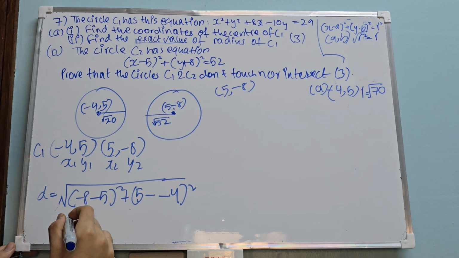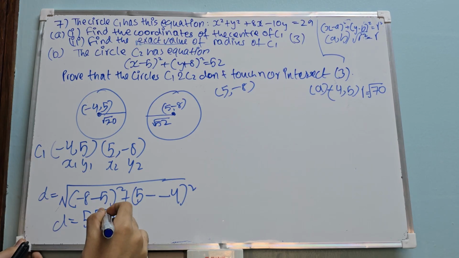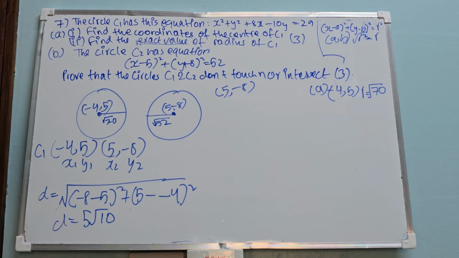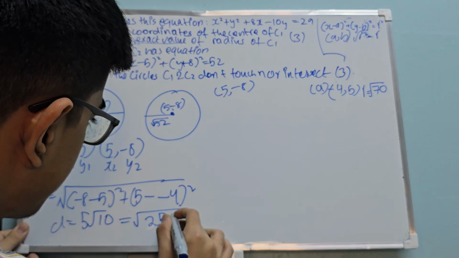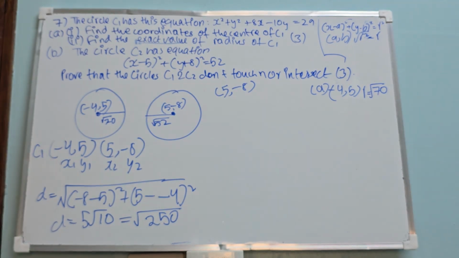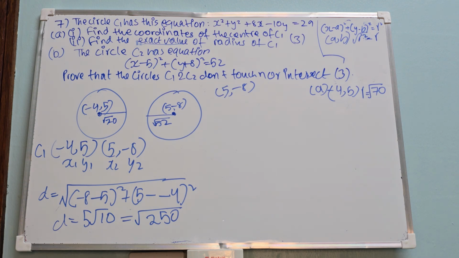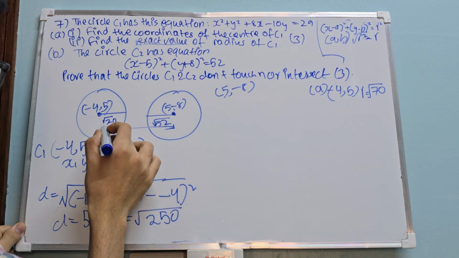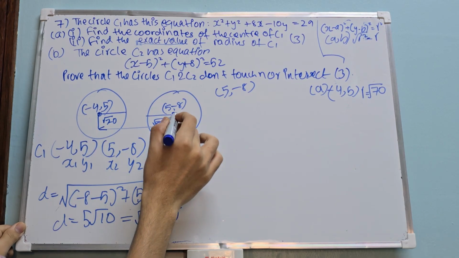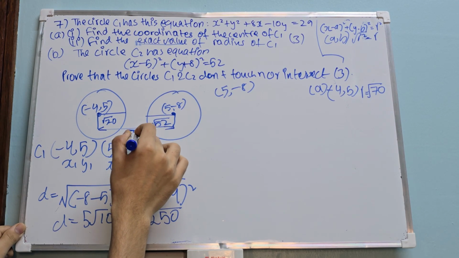You would get a distance of 5 root 10, which can be written as root of 250. So this whole distance between the centers is root 250.